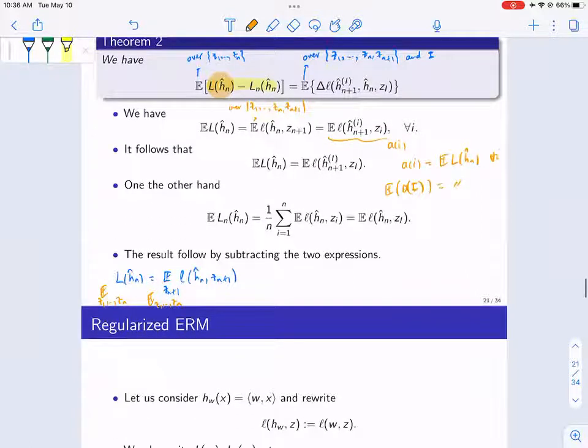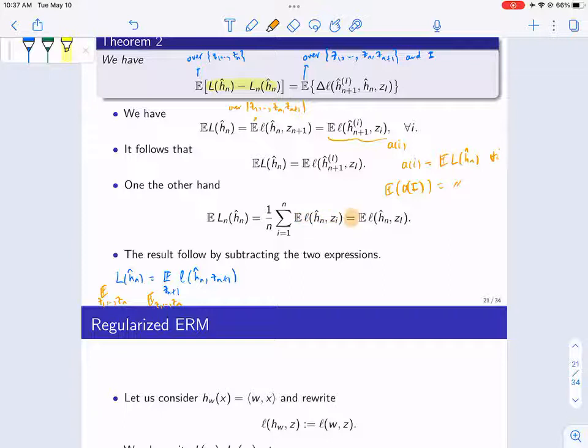So then the other thing: now I want to control the expectation of Ln h hat n. If you expand this, it's just 1 over n times the summation. I move the expectation inside. That's just by definition of Ln, and Ln is based on Z1 up to Zn, and then you have this equality here.